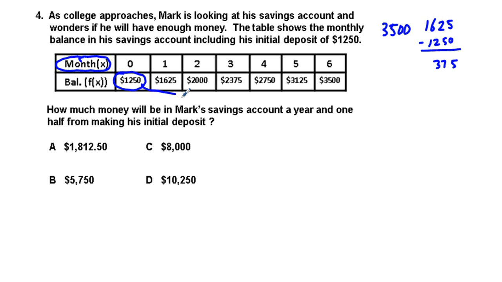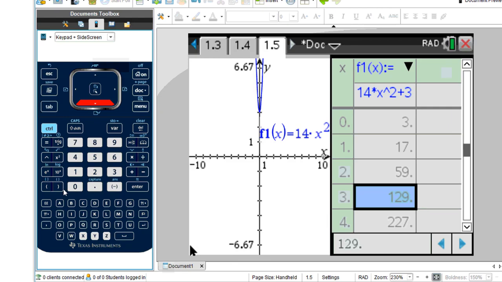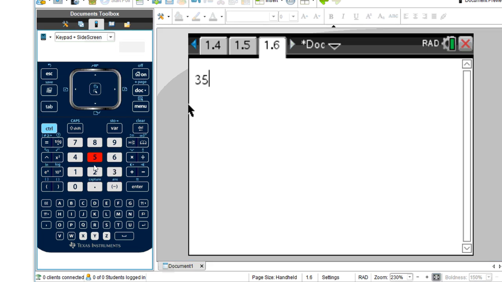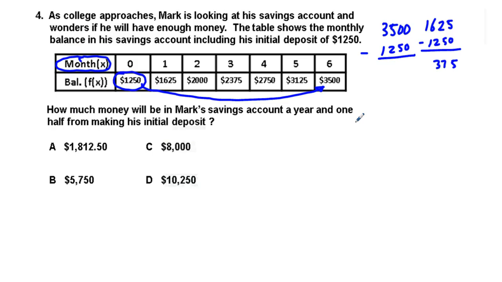But what we're going to look at is the difference between this 3,500 and the initial deposit, which is 1250. So 3,500 minus 1250 is 2250.